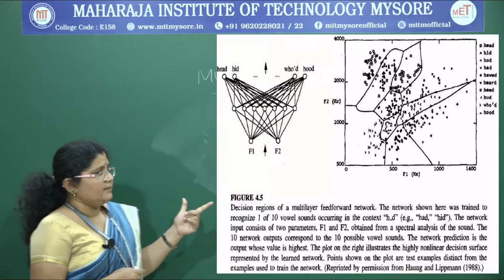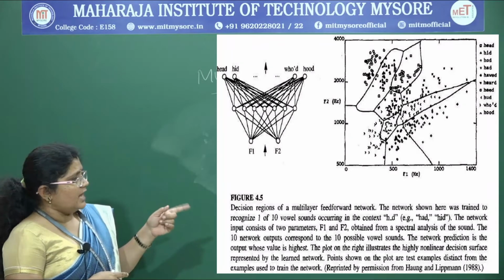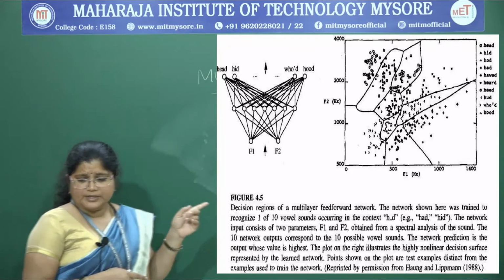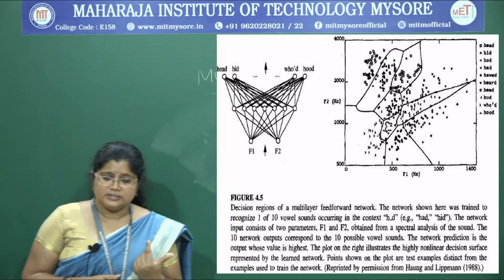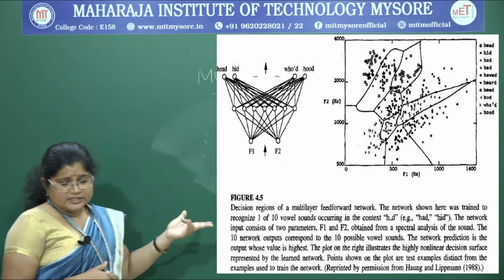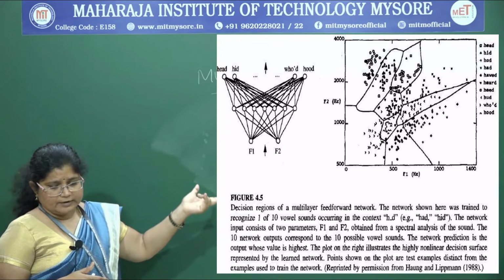In the diagram you can see that F1 and F2 are the two parameters obtained from the spectral analysis of sound, and the network receives these two inputs.